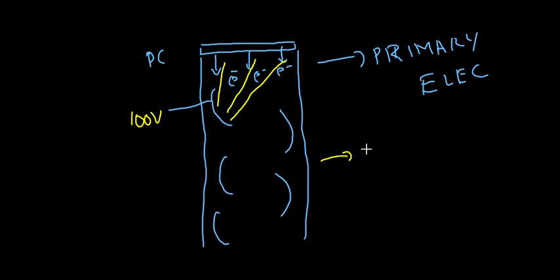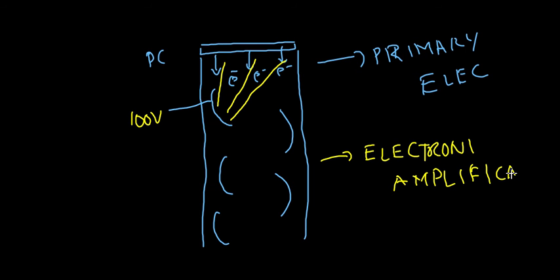an electronic amplification. We are trying to amplify the signal multiple fold. For each primary photoelectron that strikes your first diode, it is going to produce two secondary electrons.